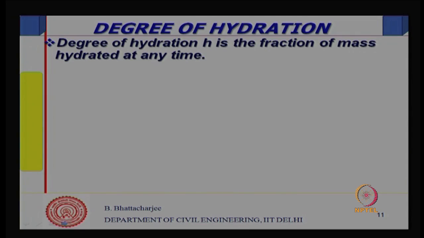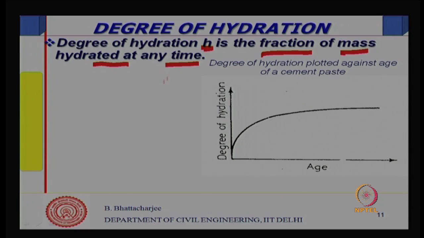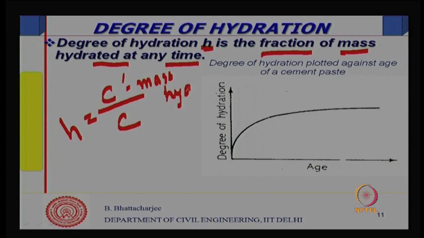We define the term degree of hydration. Degree of hydration is the fraction of mass hydrated at any time. In our case, we denote it by H. Just for our understanding, if C dash is the mass of cement hydrated and C is the original mass, then H is given by the quantity of cement hydrated divided by the original.